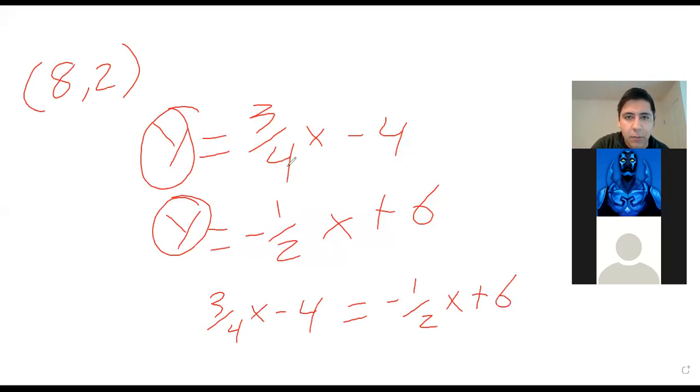Okay, so our solution is where they intersect at 8 and 2, our x and y. And so let's go ahead and check that to make sure, okay? So let me go ahead and clear that. And I'm going to start, remember our solution is 8 and 2.